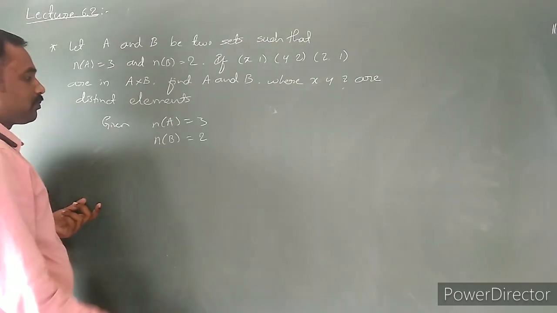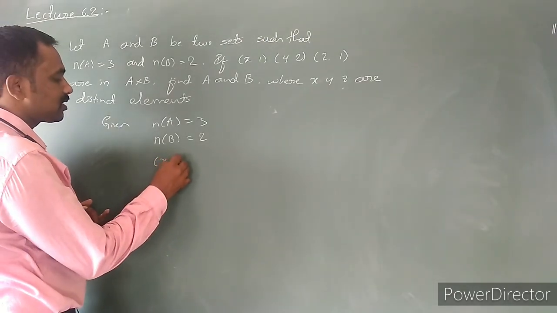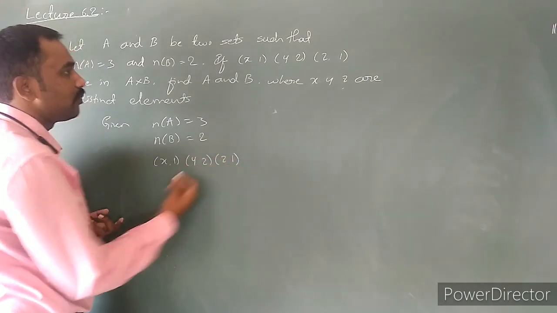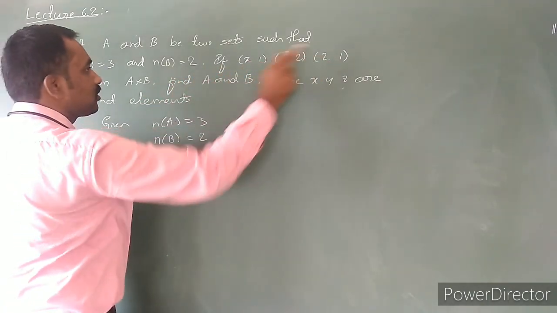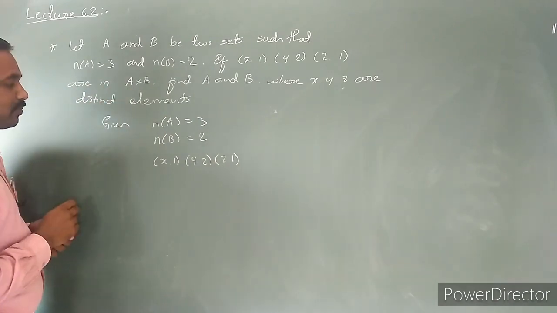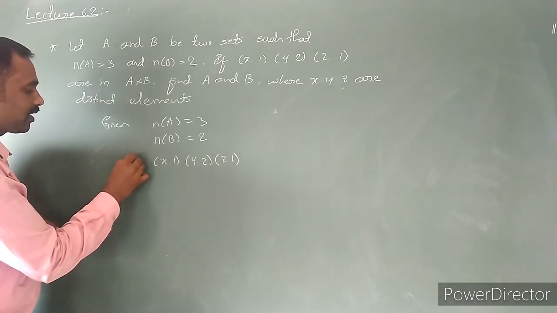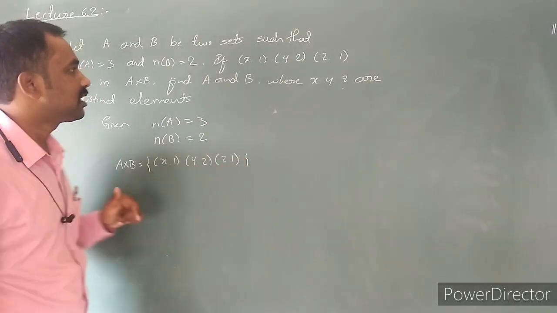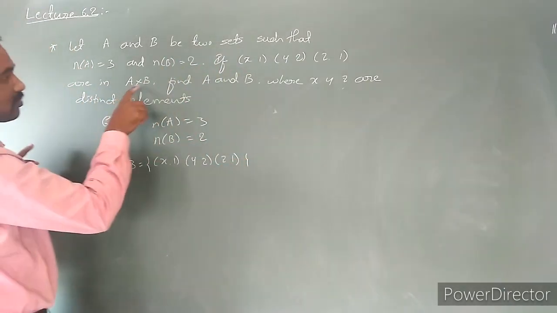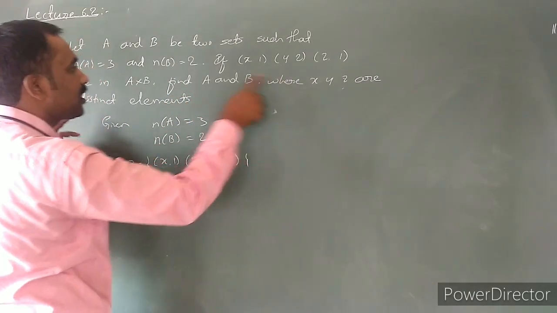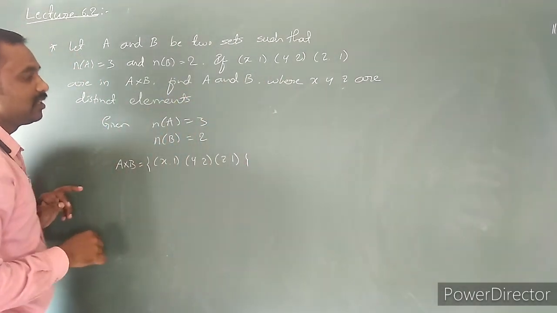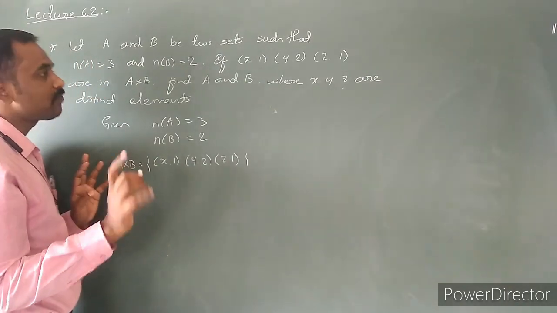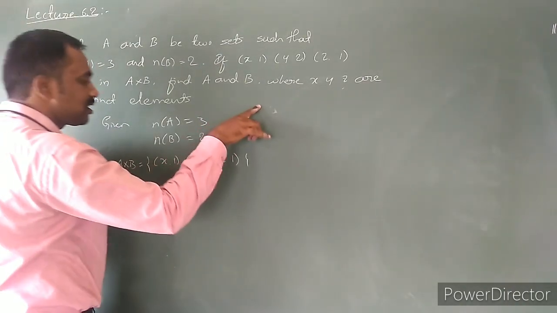If (x, 1), (y, 2) and (z, 1) are in A cross B, the Cartesian product contains the ordered pairs (x, 1), (y, 2) and (z, 1). Find A and B, where x, y and z are distinct elements.